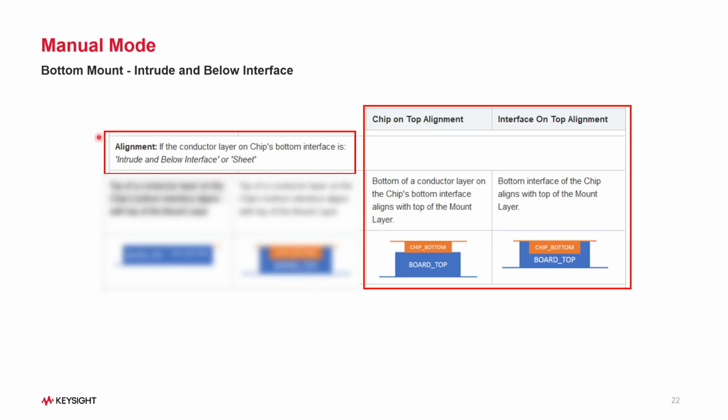So let's take the situation where we're in a bottom mount, and then in the intrude and below interface substrate configuration. So we'll see what that means, and then we'll look at the difference in behavior between chip on top or interface on top. As a matter of fact, chip on top actually refers to the layer on top menu there, and so this is a typo.